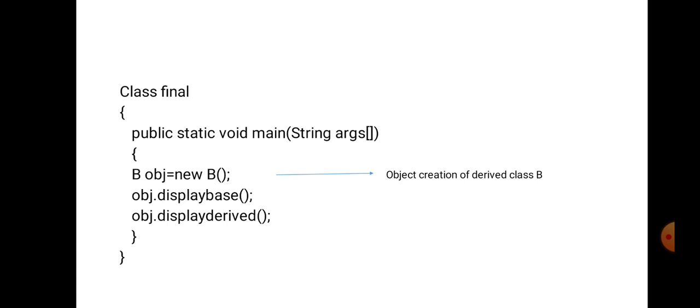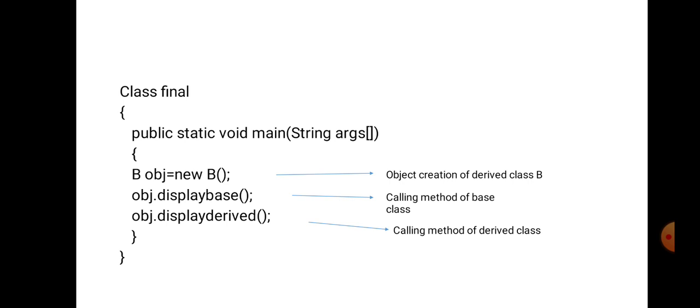So here the derived class object is named as obj, and with the help of the derived class object we will call the methods of class A as well as class B. Class A's method is display base, and the derived class has its own method.